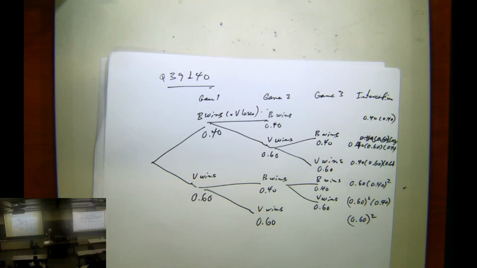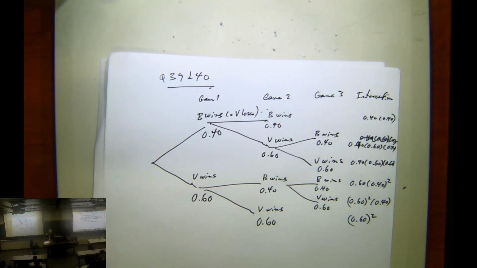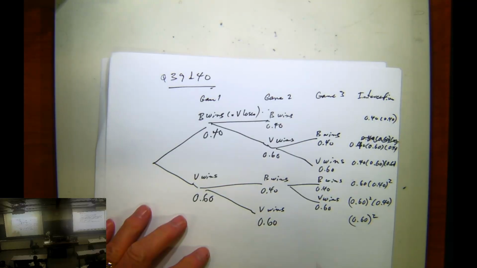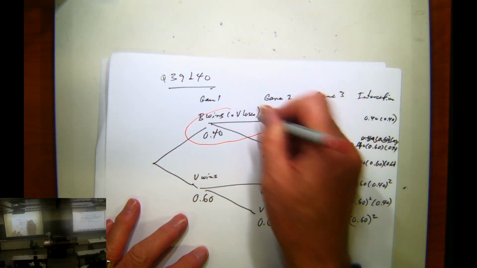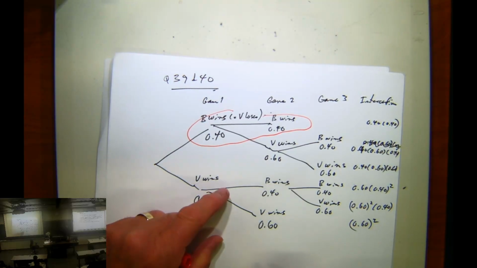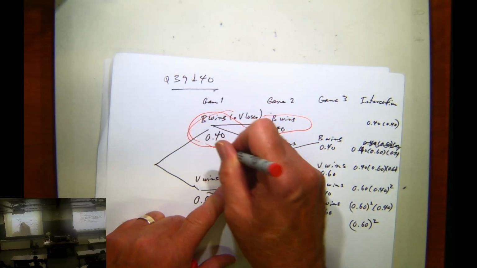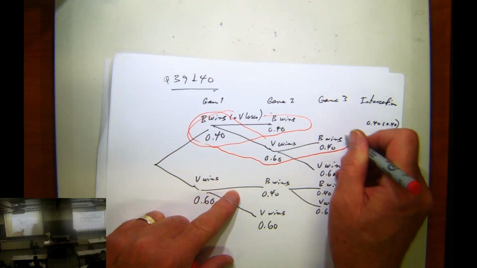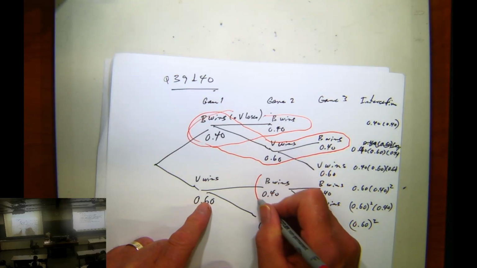Well, if I only had to answer that question, I really only have to pay attention to the branches where Betty wins the series. And Betty would win the series if we went that way, or we went this way, or after Veronica wins the first, Betty came back and won 2 in a row.